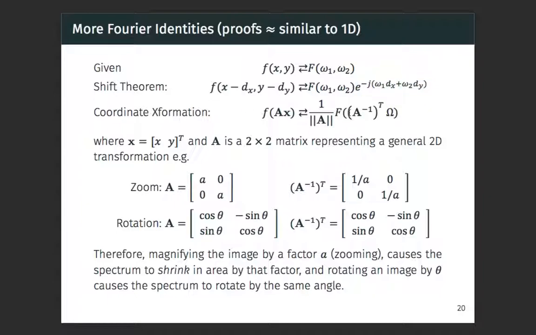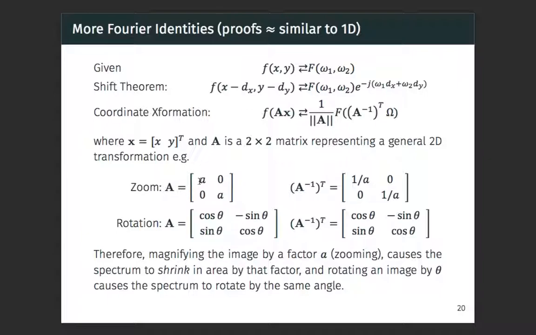If you do something a bit more complex, if you have a transformation, where x is a coordinate xy, and you have some kind of matrix representation of how you do your transformation, this is the generic transformation you have. Now, you don't have to know about that by heart, but I just wanted to point out two special types of transformation that are useful. The first is a zoom.